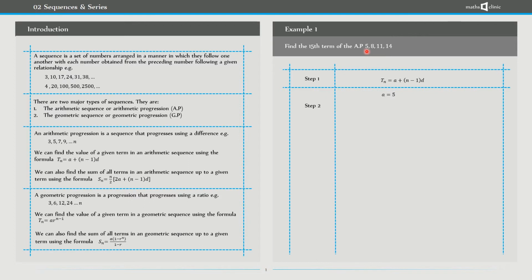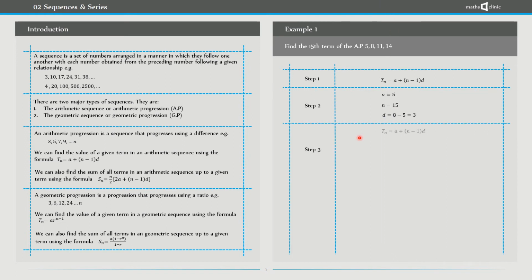And then we have that n is 15 because we've been asked to find the 15th term of the progression. Okay, and then we have d. To find d, basically we're looking for the difference. d is 8 minus 5, which is 3, or 11 minus 8, which is also 3, or 14 minus 11, which is also 3. Okay, so the common relationship, the common difference. Okay, so we have a, we have n, and we have d.